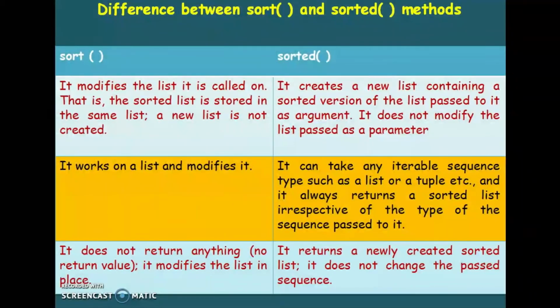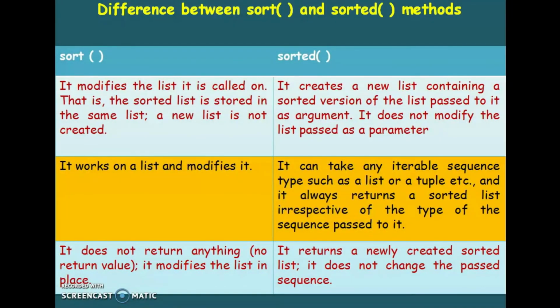That particular list is modified. But the sorted function can take any iterable sequence type such as a list, a tuple, or a dictionary, etc. And it always returns a sorted list irrespective of the type of the sequence passed to it. If we pass a tuple, it will return a sorted list.